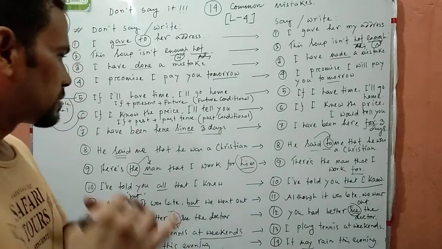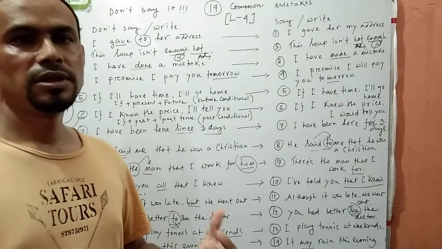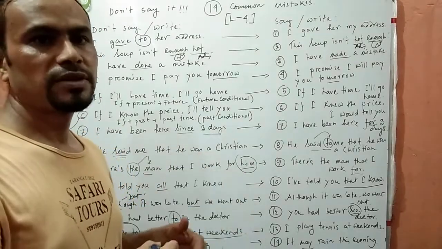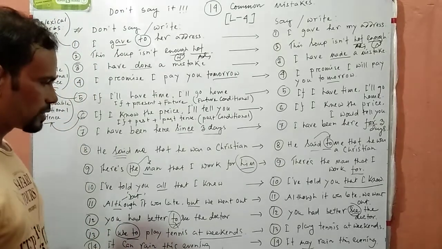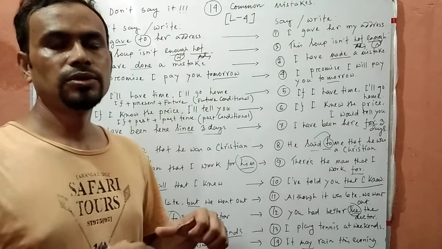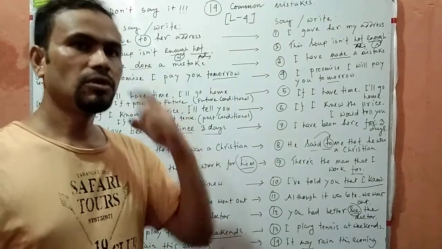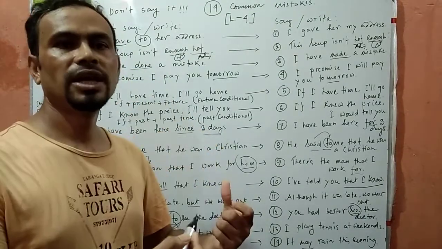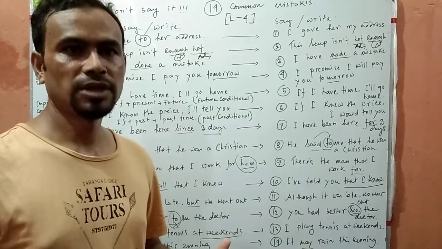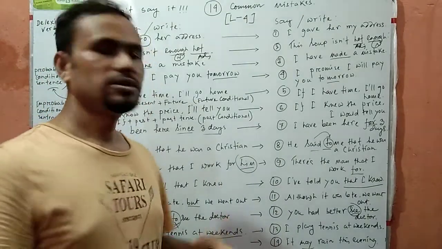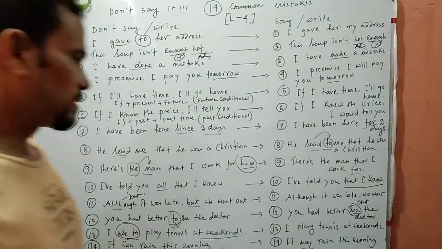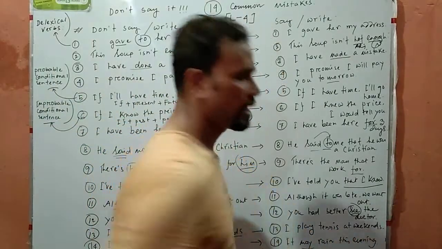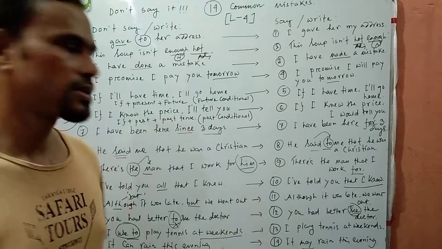So in this concept, or in such a type of sentence, we don't use used to. We use used to all the time to indicate a habitual fact that you do daily. So the correct sentence is, I play tennis at weekends. This sentence is correct.